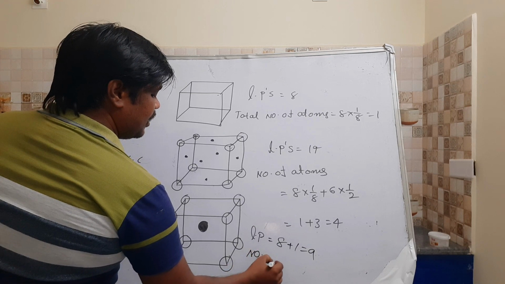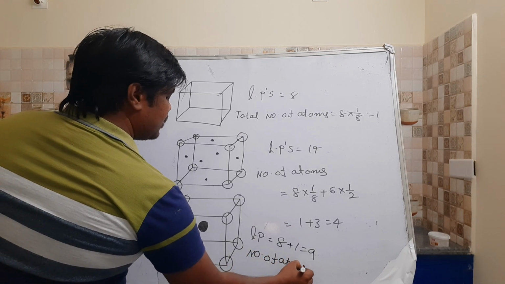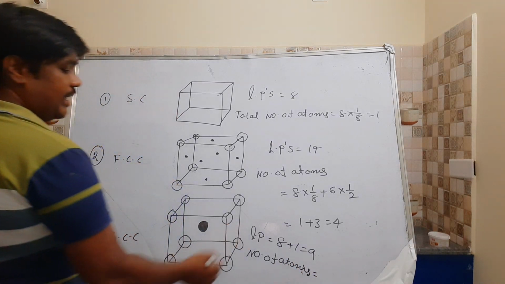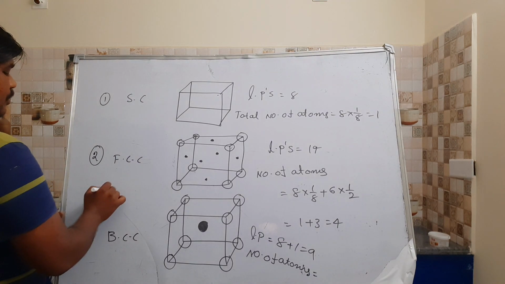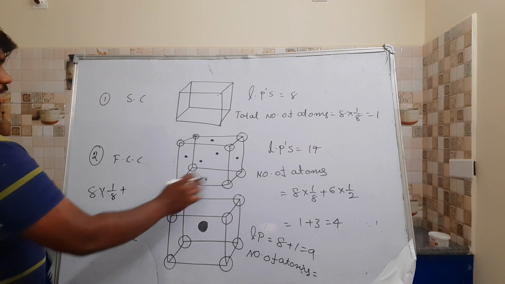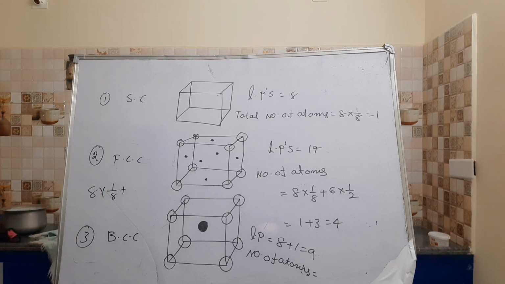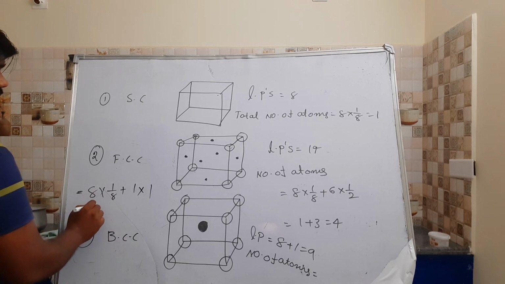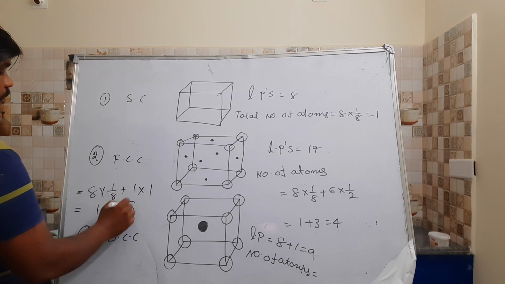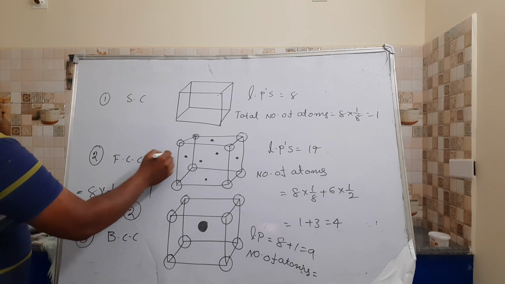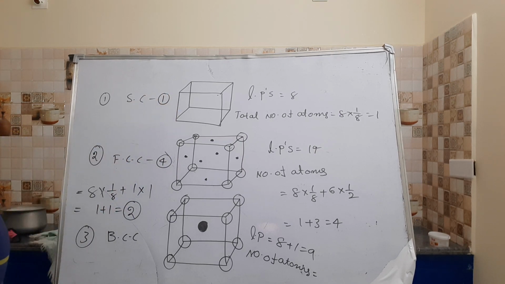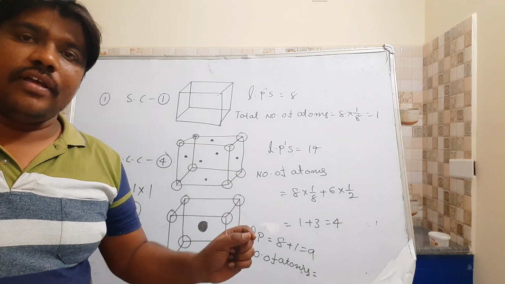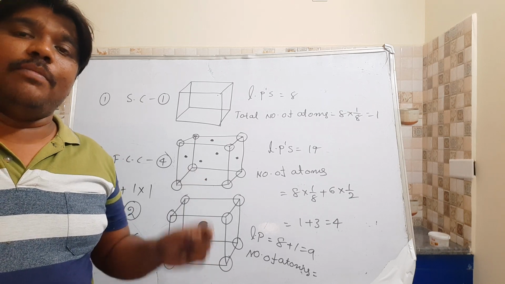Number of atoms is equal to 8 into 1 by 8 plus 1 body center, its contribution is 1, so 1 plus 1, it is 2. In FCC the number of atoms is 4, in simple cube it is 1. In this way only we have to calculate the number of atoms present in a single unit cell.